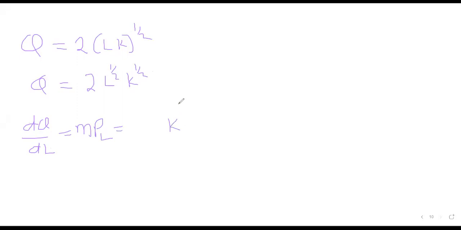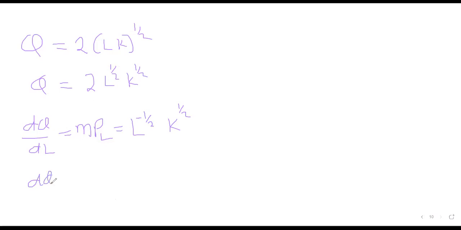K to the power half, right? Then we differentiate 2L to the power half. Half times 2 is 1. We never write 1. Half minus 1 is negative half.